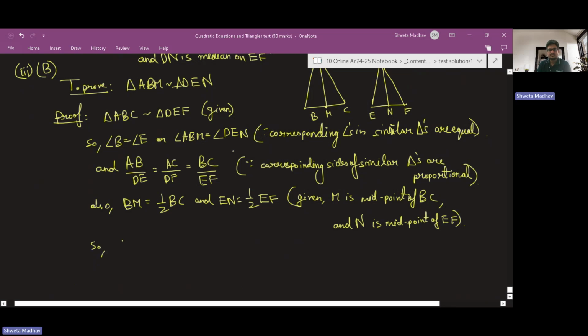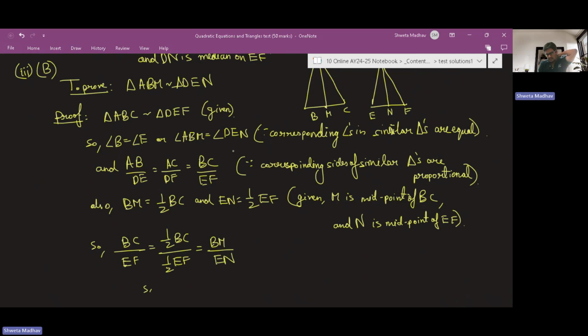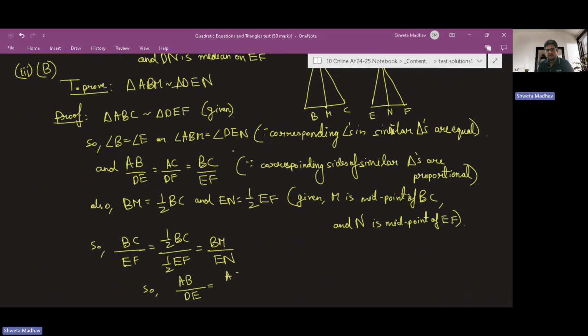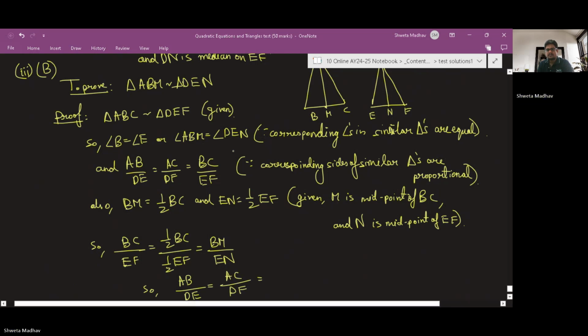So I can say that BC by EF will also be equal to half of BC by half of EF. So that would be equal to BM by EN also. So hence we can say that AB by DE will be equal to AC by DF, which will be also equal to BM by EN.